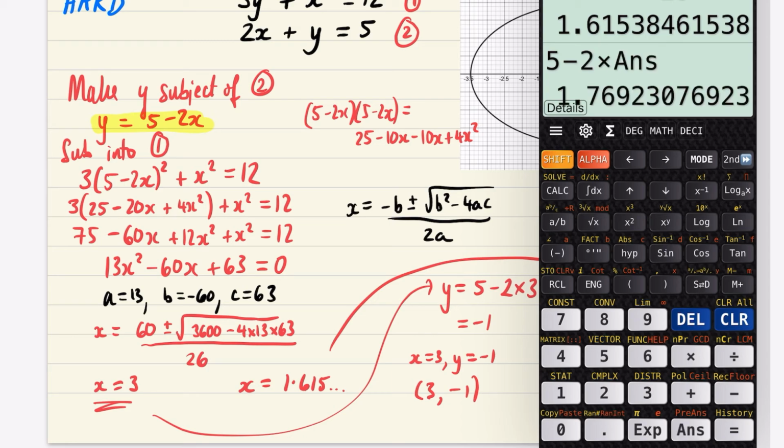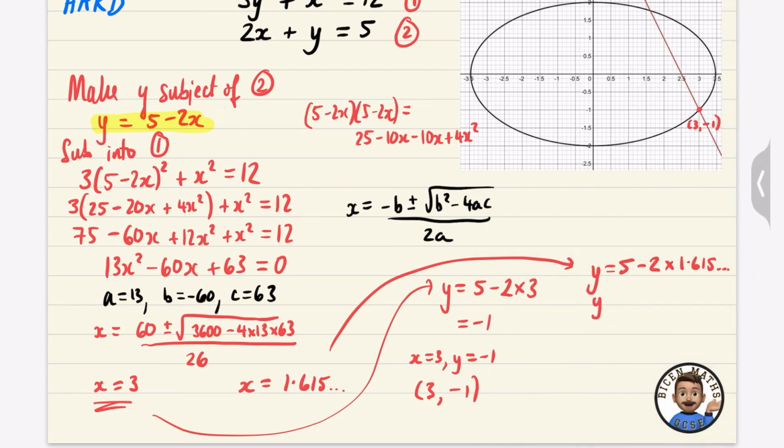The calculator knows what that answer is going to be, and that's 1.769. So y is going to be 1.769. So to 2 decimal places, x is 1.62, and y is 1.77. So as a coordinate, 1.62, 1.77.